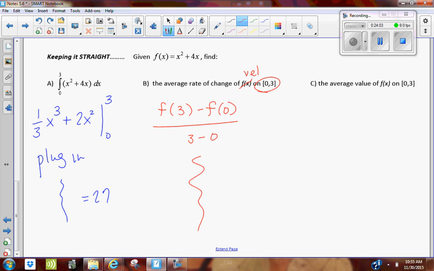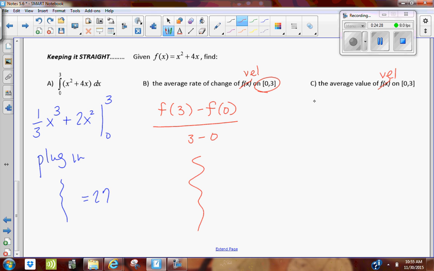But what if you did average value of f of x? So again, if you like to think about it as velocity, the average value of velocity should be what kind of units? Or what kind of an answer? Average value of velocity is the average velocity. So you need velocity, but if you take a derivative of this, that's going to give you acceleration.